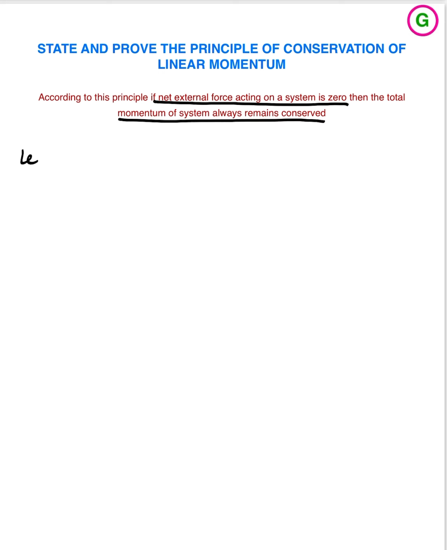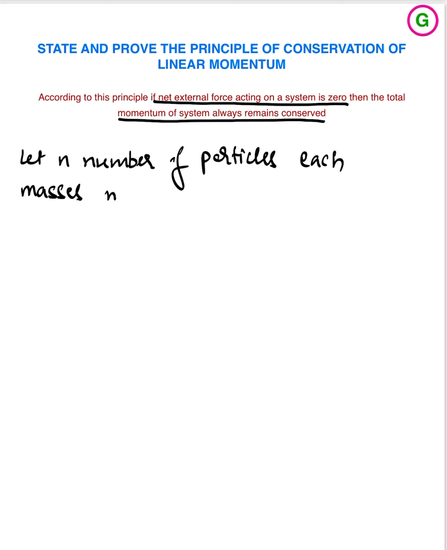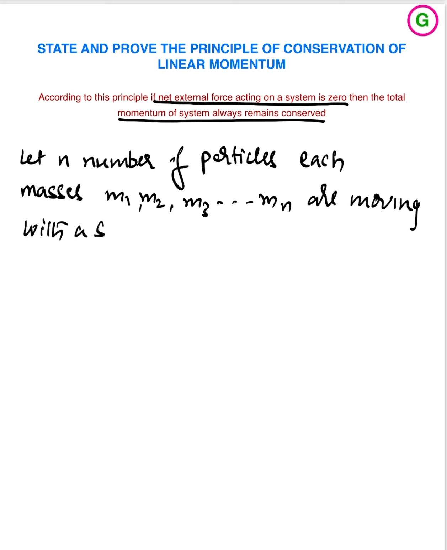So, let n number of particles, each of masses m1, m2, m3 and so on up to mn, be moving with speeds v1, v2, v3 and so on up to vn.